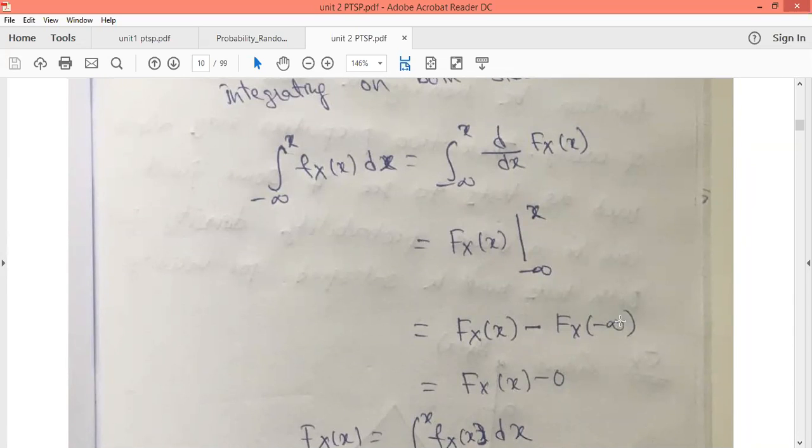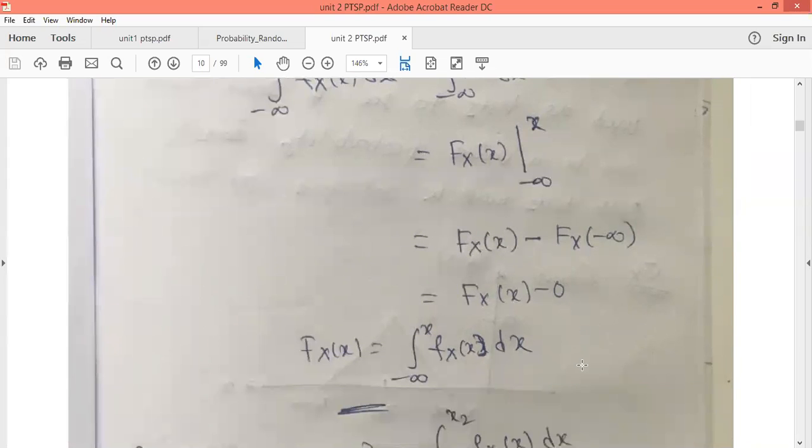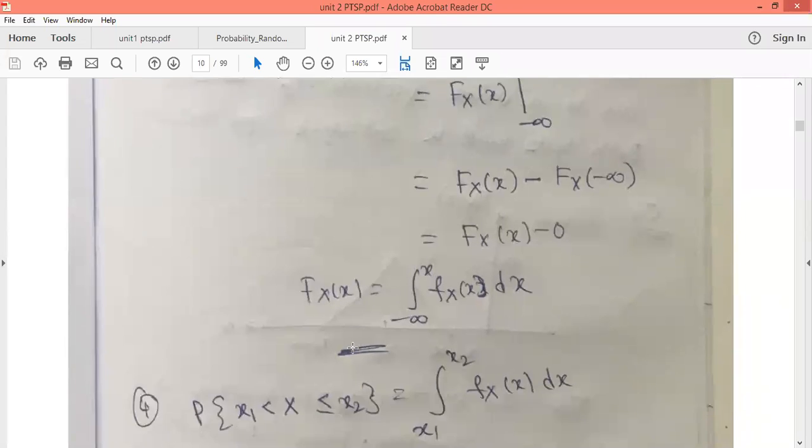What is FX(minus infinity)? FX(minus infinity) will be 0. So FX(x) value will be the integral from minus infinity to x of fX(x) dx. This is the formula we use to obtain the cumulative distribution function from the density function.